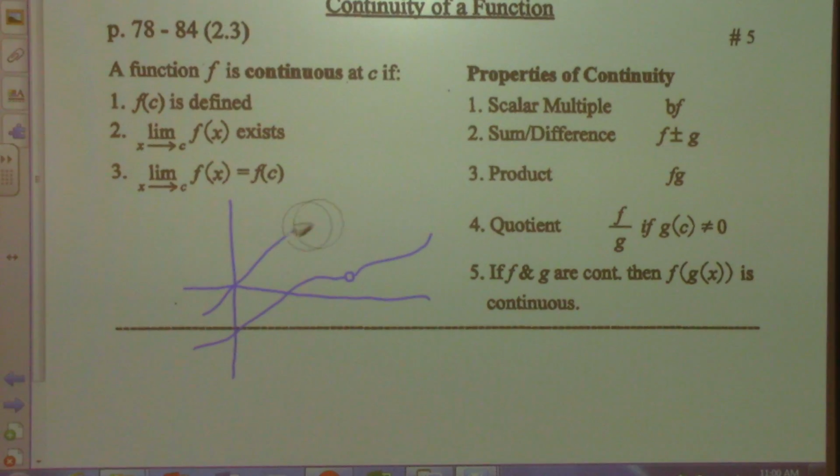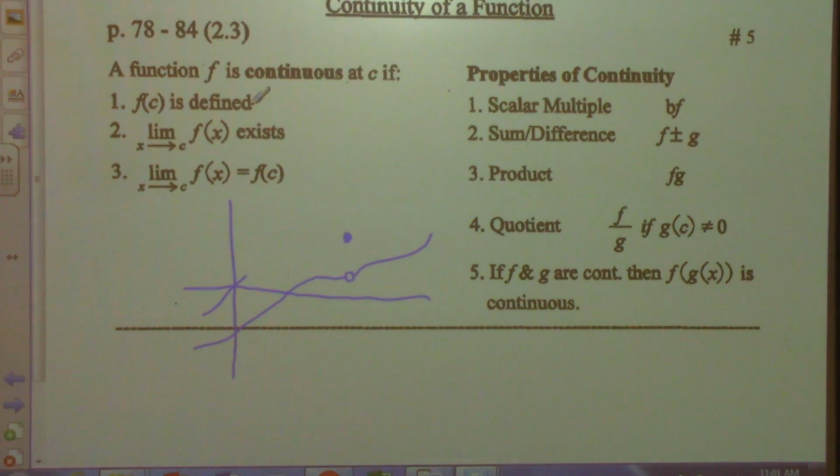Sometimes you'll see a situation like this where you'll have the function defined at a point, but what would this situation be where you had this whole function with this and this? What would happen for these conditions here?